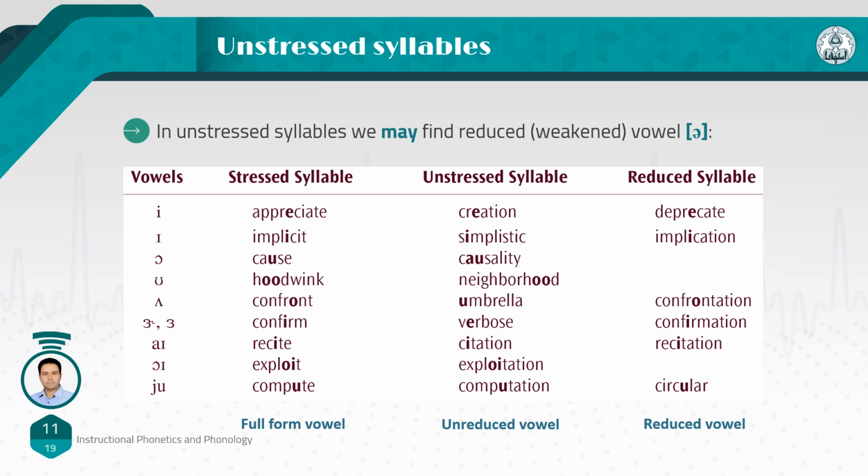If you pay attention, you can see that for many people, the reduced vowels in the last column are very similar to what we know as schwa. And the reason is that in all of these examples in the last column, the vowel is weakened or reduced.